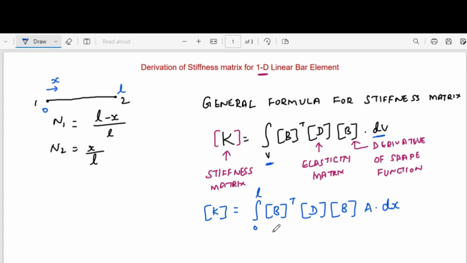So I have converted the volume integral into a line integral.